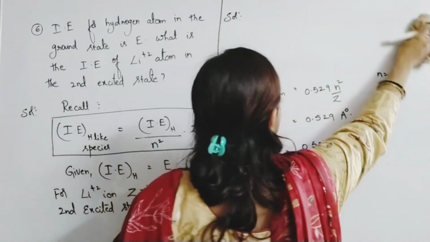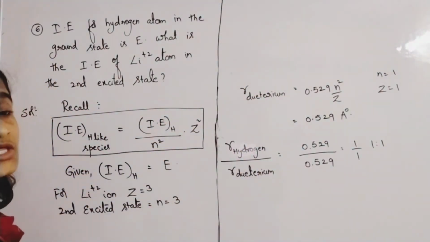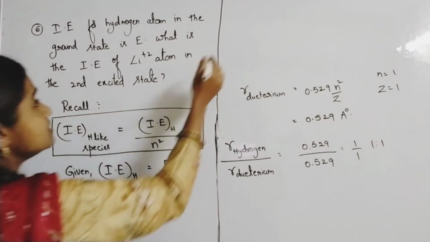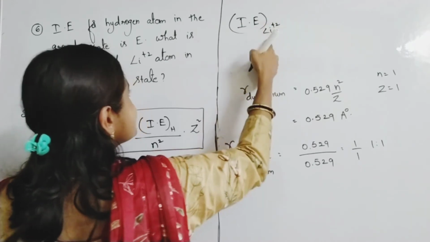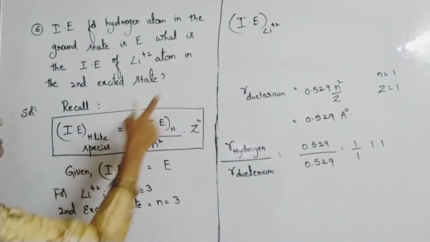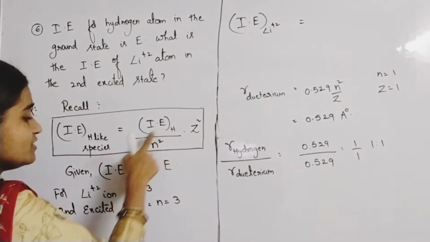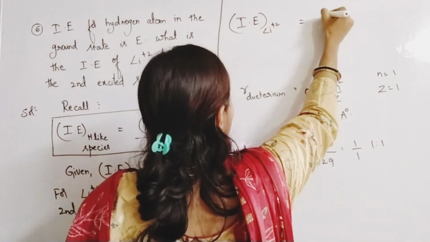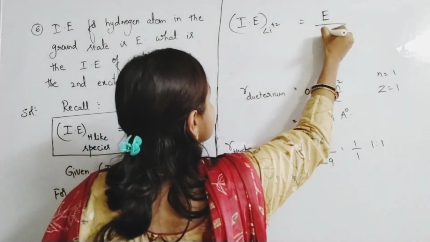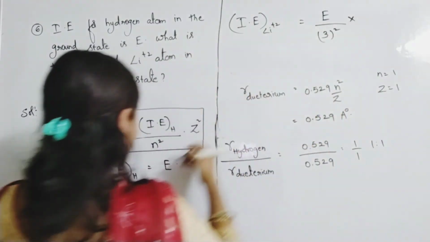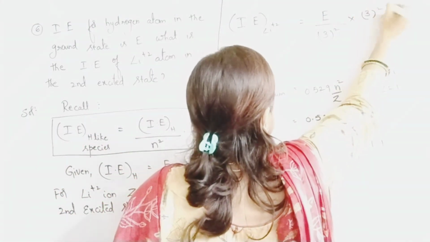Li plus 2 is an H-like species, so you will use this formula. Ionization energy of Li plus 2 is equal to the ionization energy of hydrogen, E, by N square, here N value is 3 square, into Z square, Z value is also 3 square.